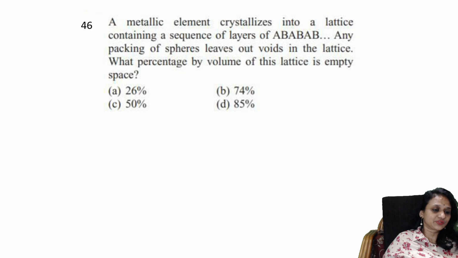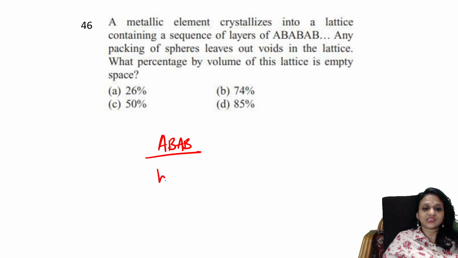46th question. Let us see, students. A metallic crystal crystallizes in a lattice containing a sequence of layers A, B, A, B. So once they say A, B, A, B, immediately it should click in your mind. A, B, A, B type of packing is in HCP. ABC, ABC type of packing is in CCP.